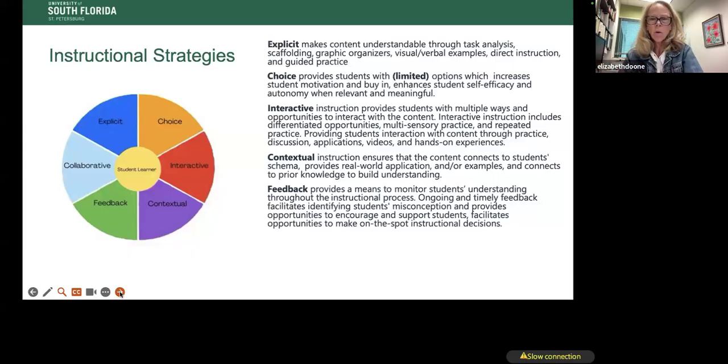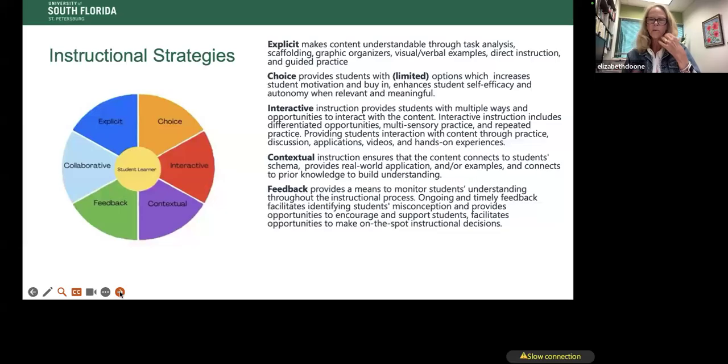That's all part of that ongoing feedback. And it's really important to provide timely, immediate feedback so that we can address misunderstandings. And misunderstandings are good. I mean, we learn most through our mistakes. We make a mistake, well, okay, let's show me how you did that. Let's work through that.